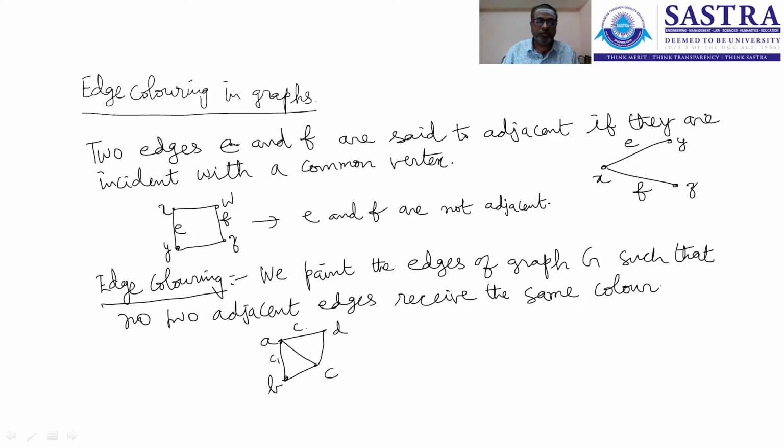So I have to give two new colors, C2 and here C3. Now for BC, I cannot give the colors C1 and C3 because edge BC is adjacent to AC as well as AB. So I can give another color, for example C2. Now the adjacent edges are receiving different colors.